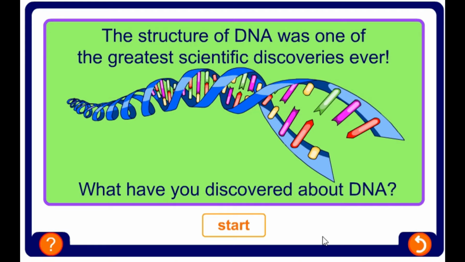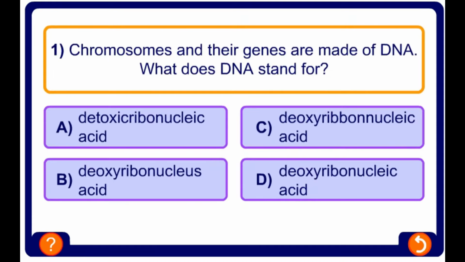Okay, so let us try the short quiz about the structure of the DNA. So question number 1. Chromosomes under genes are made up of DNA. So what does DNA stand for? A, B, C, or D? Which do you think is the correct answer for the question?